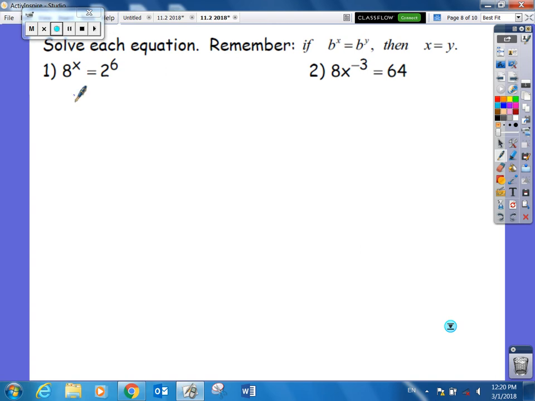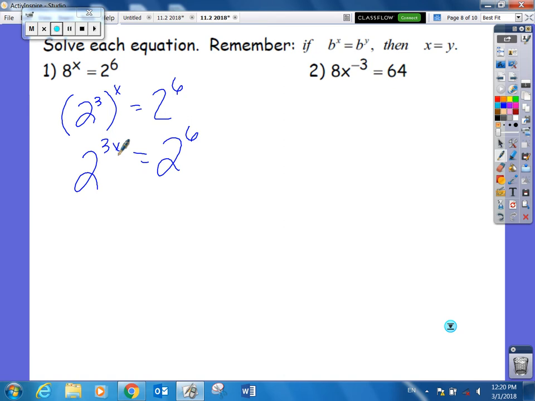So I can change 8 to be 2 cubed. 2 cubed equals 8. All I've changed is the way it looks. 2 cubed raised to the x equals 2 to the 6th. So 2 to the 3x equals 2 to the 6th. And if we just use common sense at first, even if we don't know the rule, if we just looked at this and I said solve for x, hopefully you'd see these numbers are the same.